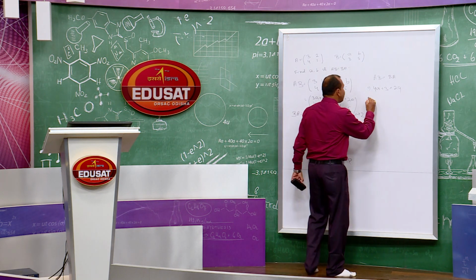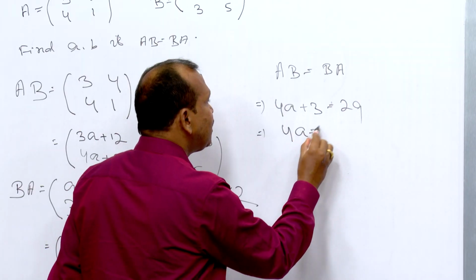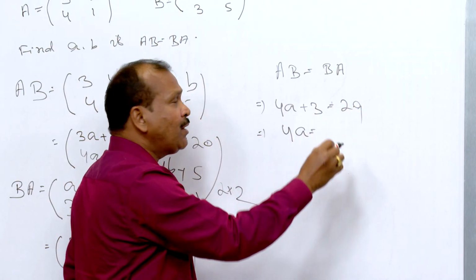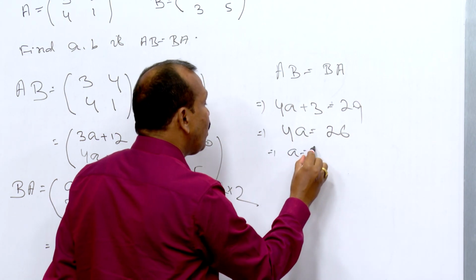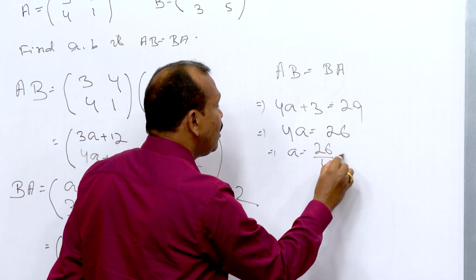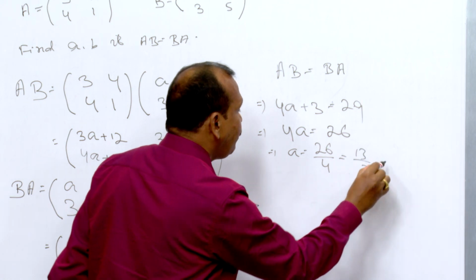This implies 4a is equal to 29 minus 3, which is 26. Then a is equal to 26 by 4, which is 13 by 2.